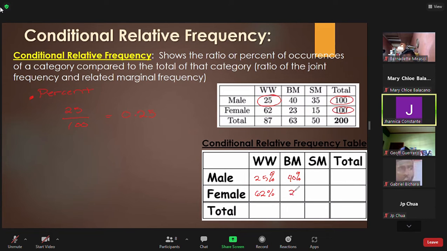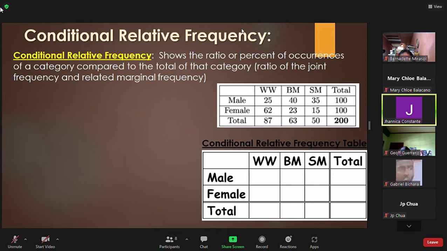We have 23%, we have 35%, we have 15%. So that is the conditional relative frequency table that we're going to have based on the data that we have. As you can see, you're just getting the percentage if your total is 100. But if the total is not 100, of course, you will have different percentages.